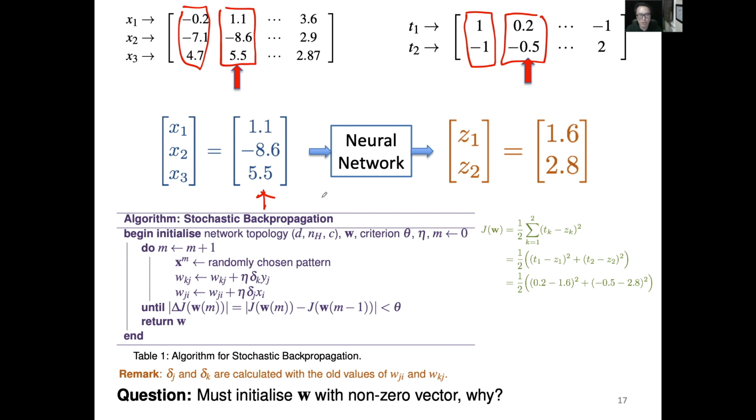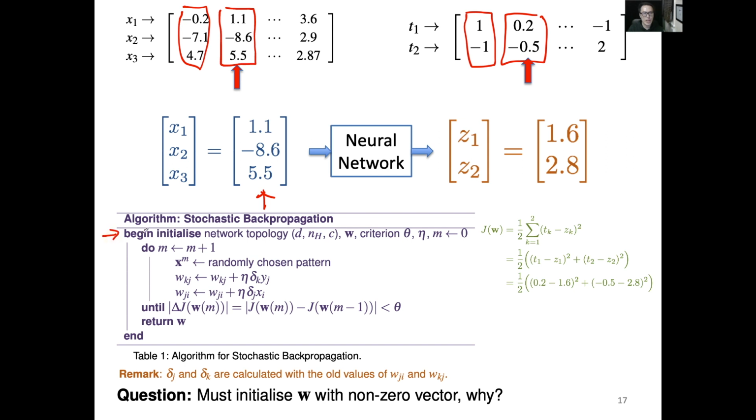So we are going to use this stochastic backward propagation algorithm to adjust the connection weights. Take a look at this one. This is the stochastic backward propagation. That is, we are going to reduce the training error sample by sample. So this is the first line.